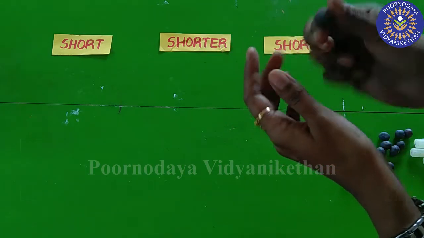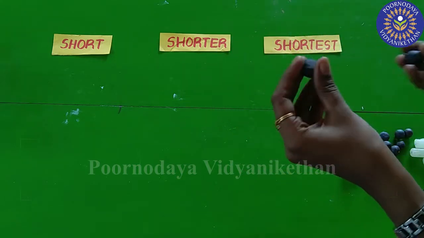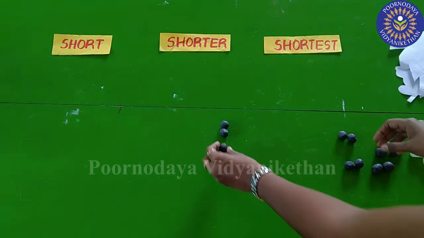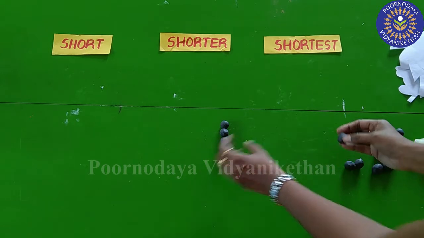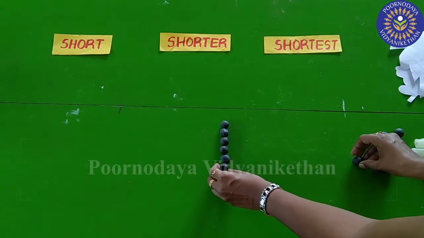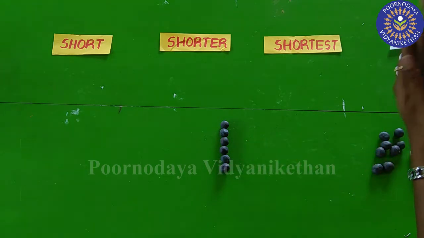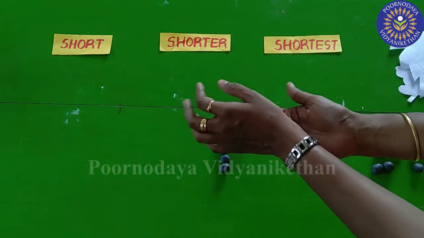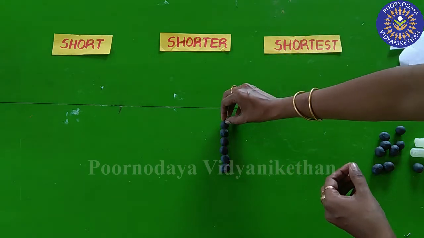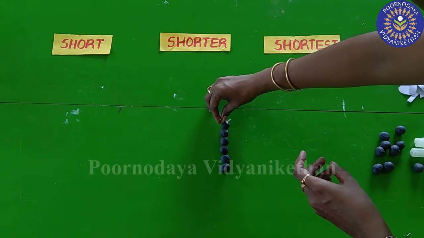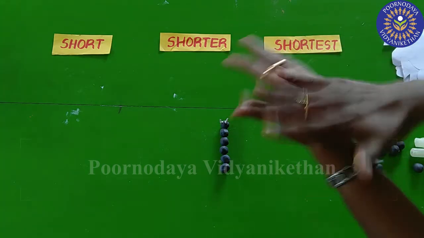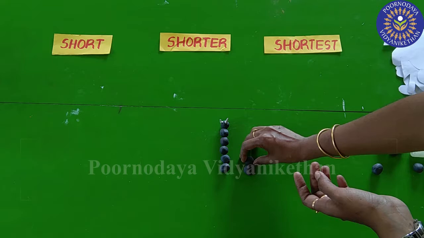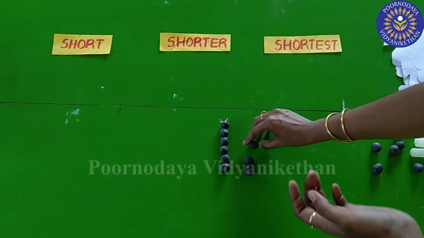Look here. Make small balls like this and I am going to make a caterpillar. Then next, roll it like this.